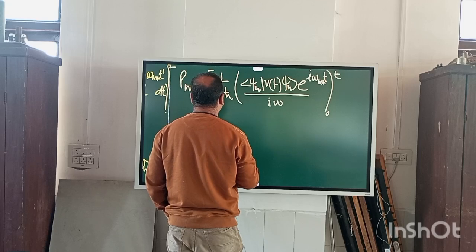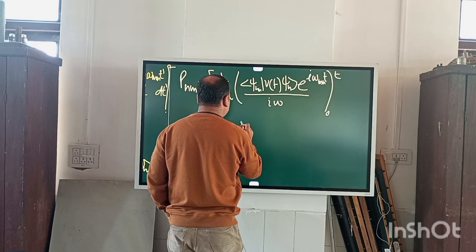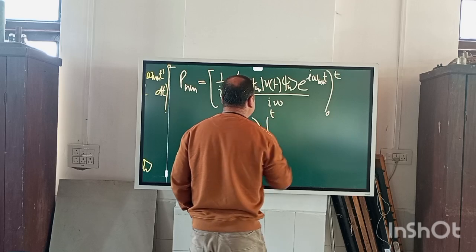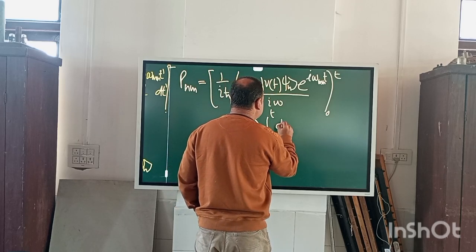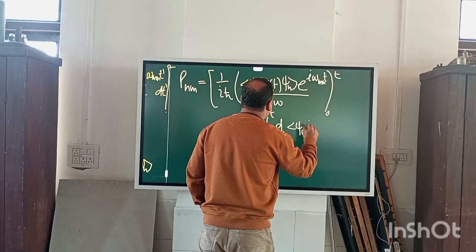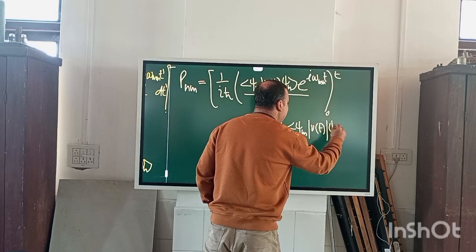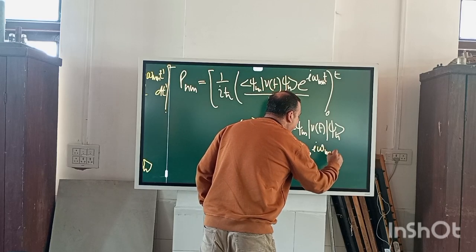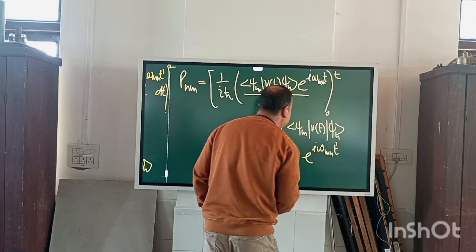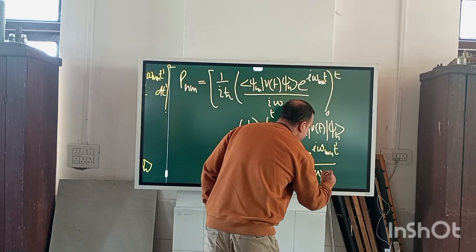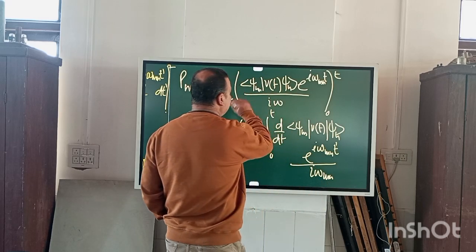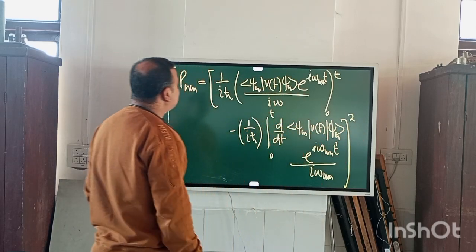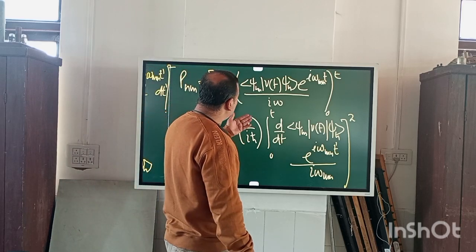Then we will have minus, I will take this iħ to the next term also, so this will be times 1 by iħ, and then we will have the integral from 0 to t, the differentiation of this term, that is d by dt of ⟨ψm|V(t)|ψn⟩, and the integral of this term will be e to the power of iω_mn t' divided by iω_mn. Okay, this whole thing has a square, because this is the probability density. This is the probability of having a transition or not having a transition.